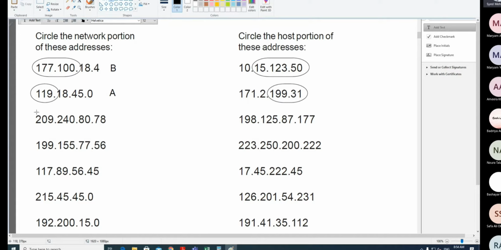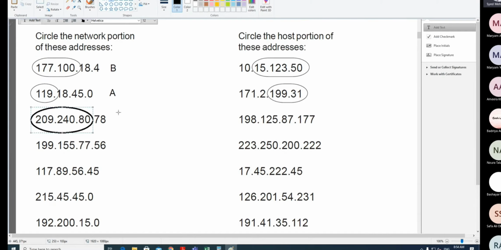It means 24 bits. Yes, you are right. So 24 bits means the first block, second block, and third block. These three blocks are reserved for the network portion, and the last block, the last octet, is for the host. For the host we will come later on.